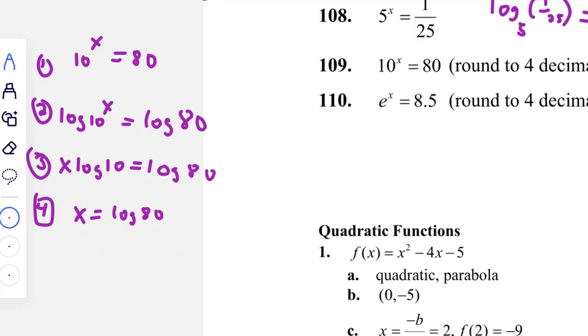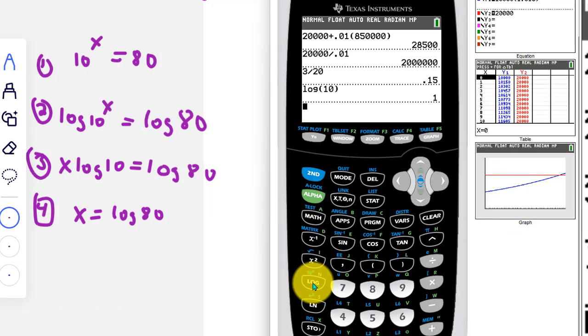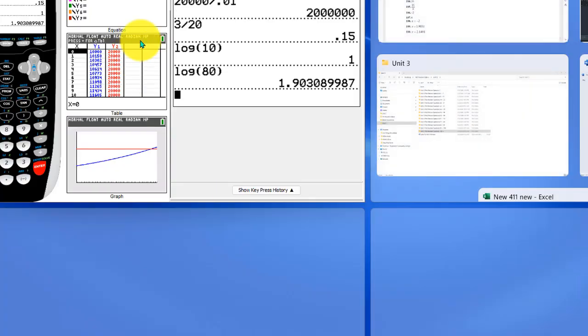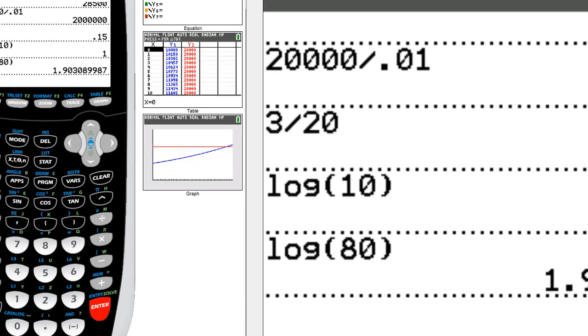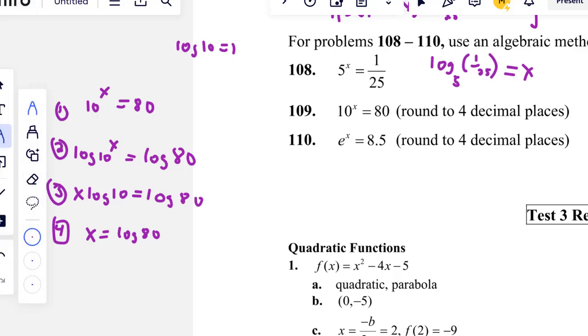So now, to finish the problem, you will need your calculator. Log 80 equals, and it says round to 4 decimal places, so here's my number. We're going to round this to 4 decimal places. So here's my final answer for number 109, 1.9031.